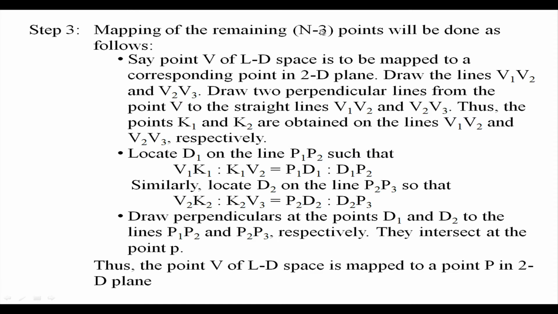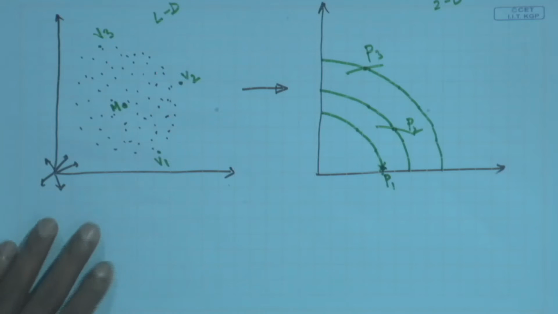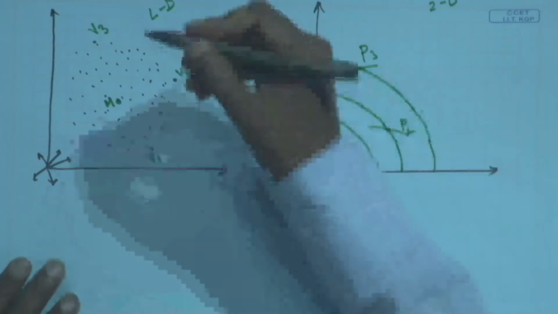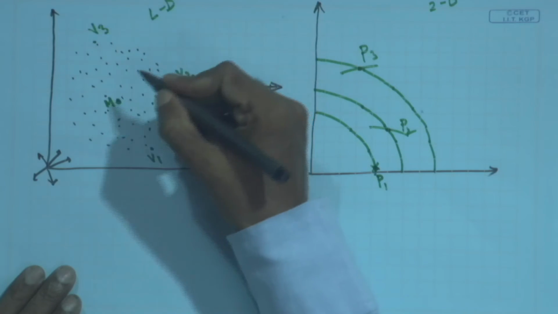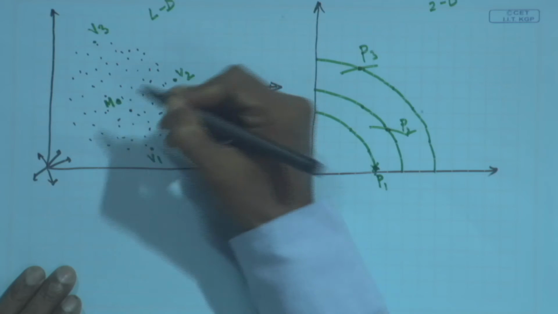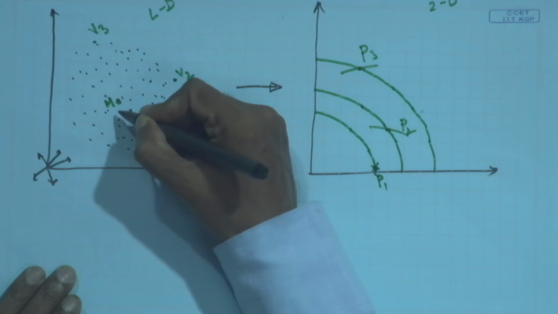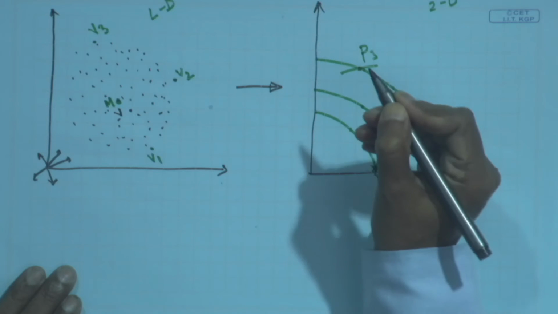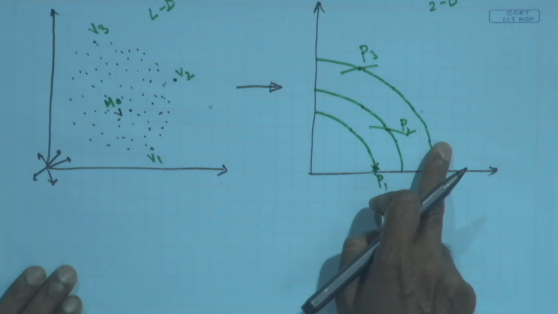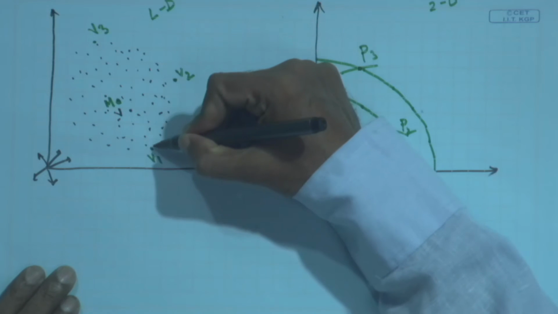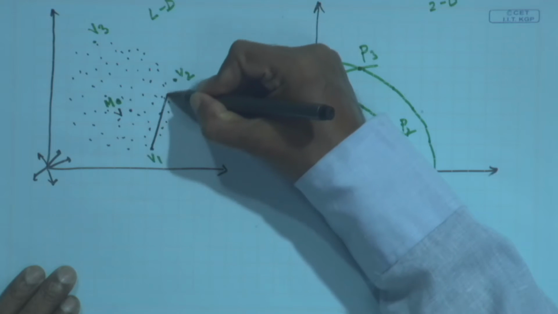So, I am just going to follow this particular step. Please listen to me very carefully. Supposing that I take any point out of the n minus 3 points, say point V, and this point V I will have to map in 2D plane. So, how to do it? We join V1, V2 by a straight line.